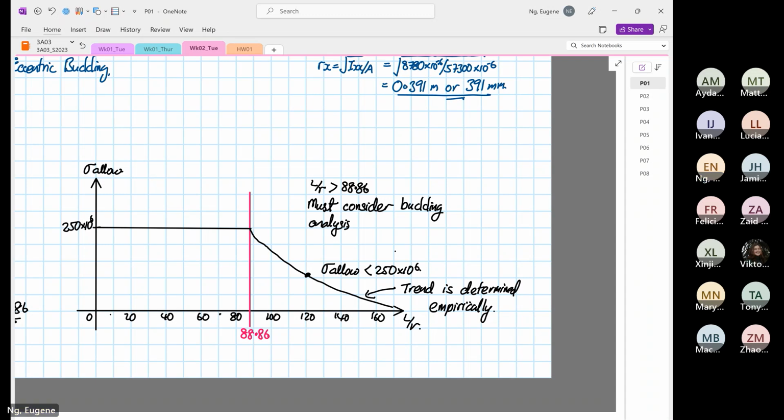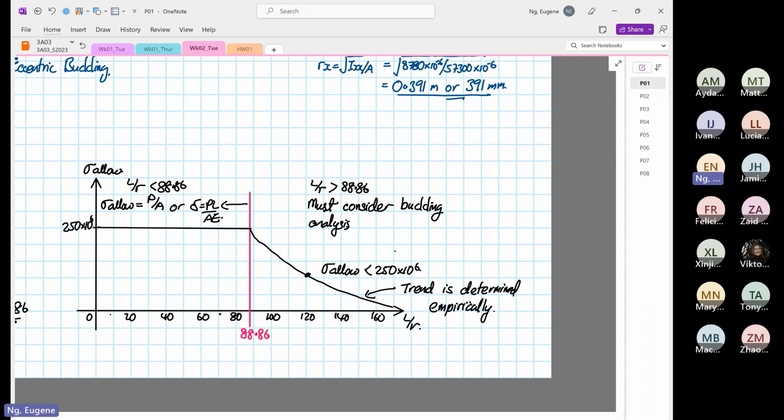Now, if L over R is less than 88.86, like in this region on the left-hand side, our design criteria will be based on stress allowable equal to P over A, or deflection equal to PL over AE.